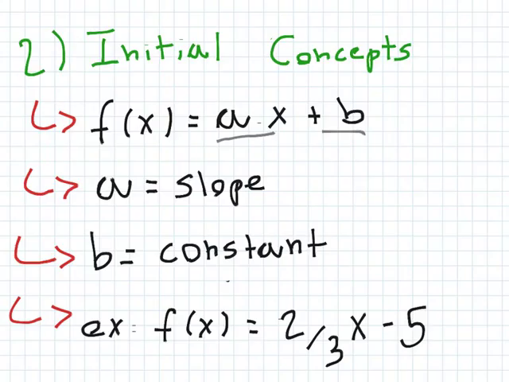The a is called the slope, and b is the constant. So let's say, for example, we have this function, and it's important to realize this would be the a, 2 over 3, and minus 5, it's important to keep the sign, would be the constant.